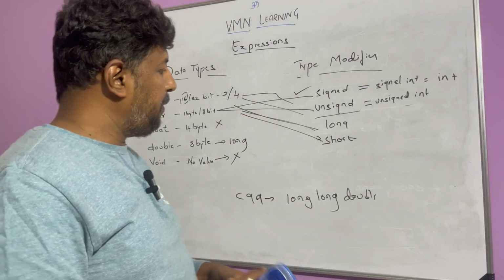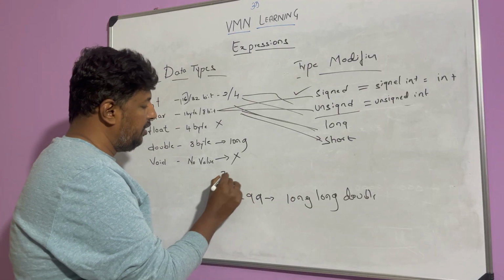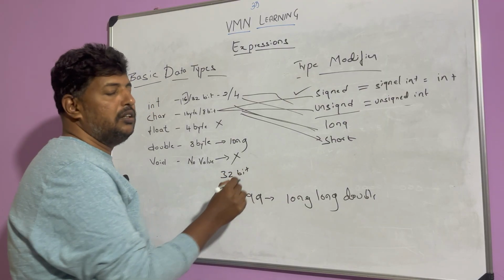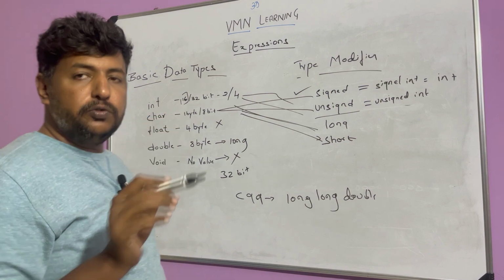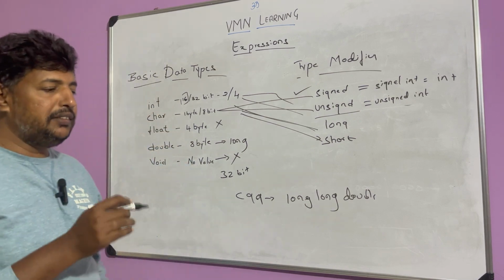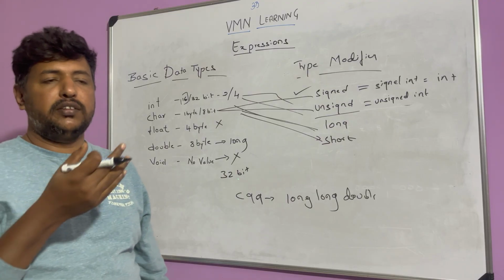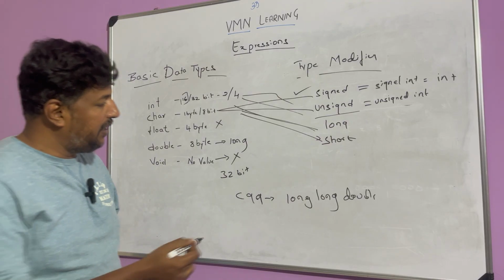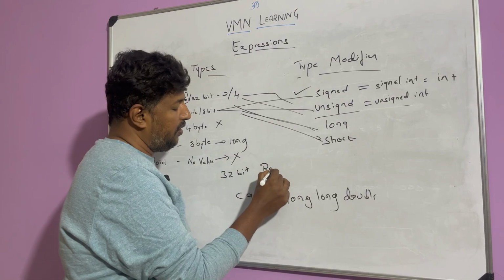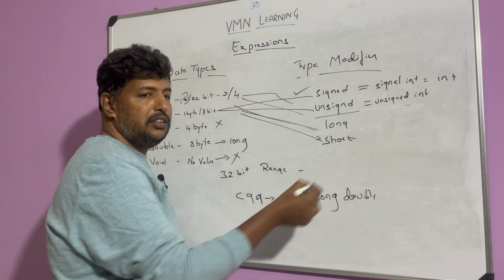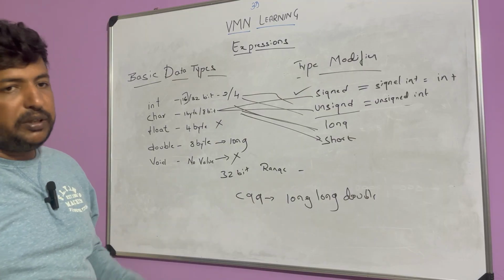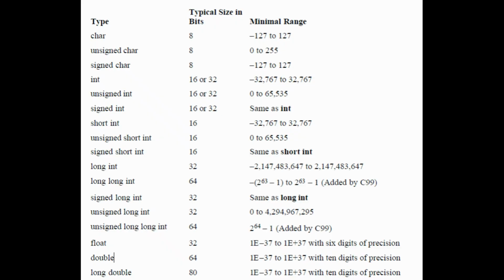With respect to 32-bit, I will post a page where you can see all the values, the addresses, and the minimum and maximum range. These are the data types and their modifiers with their ranges.